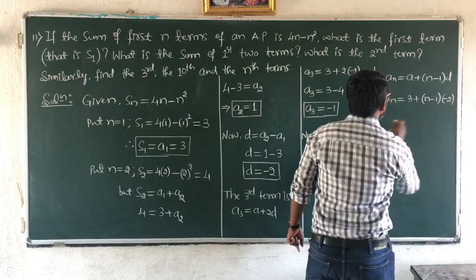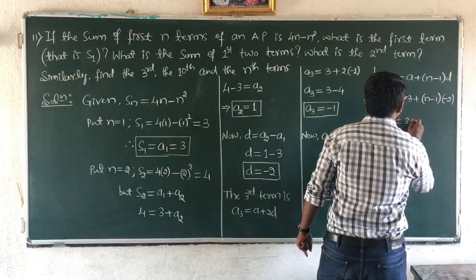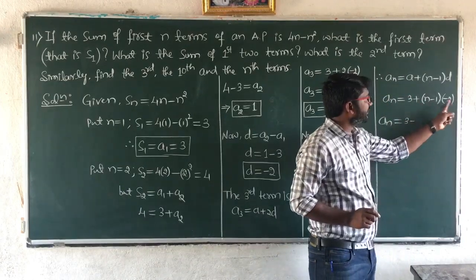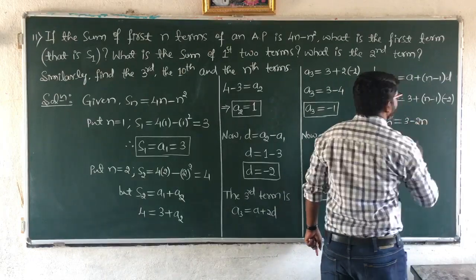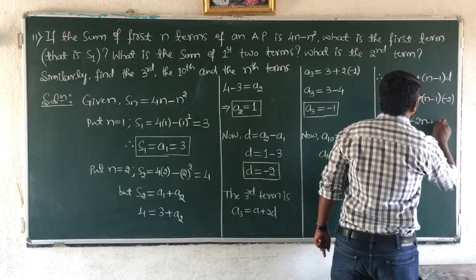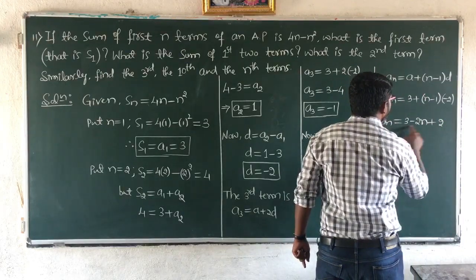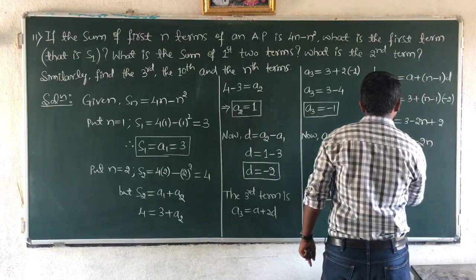So now an is equal to 3 plus, see here, minus 2 into n, it is minus 2n. Plus into minus is minus, so we get minus 2. Then minus 2 into minus 1 will give us plus 2. Then an is equal to 3 plus 2, it is 5 minus 2n.